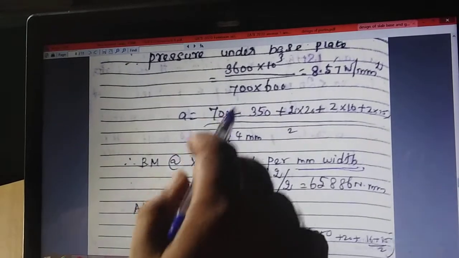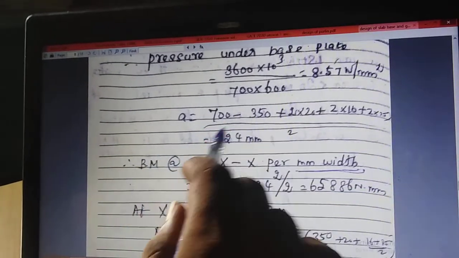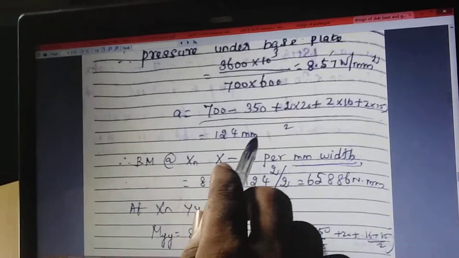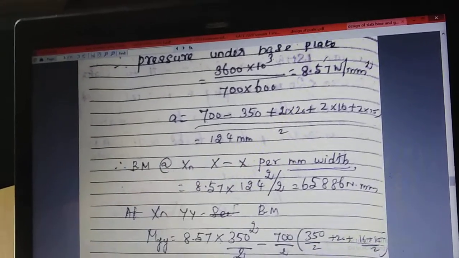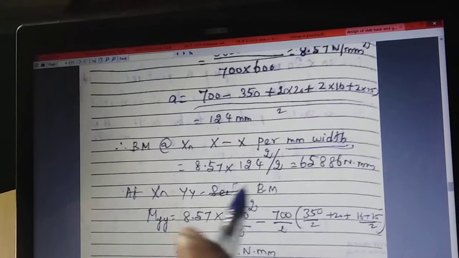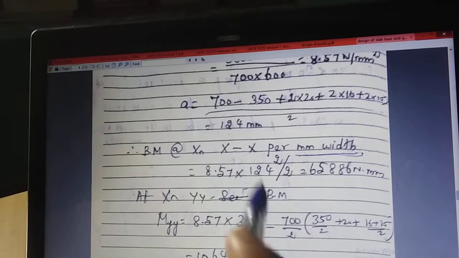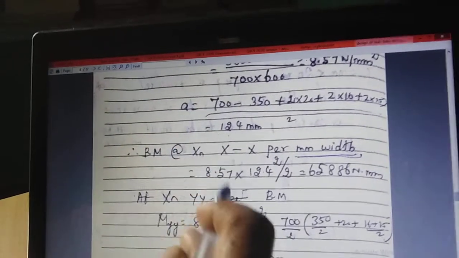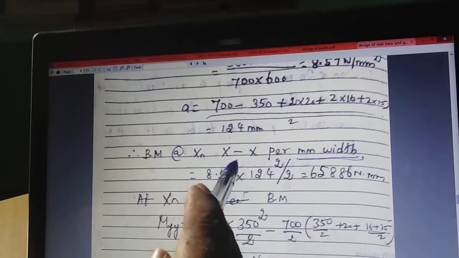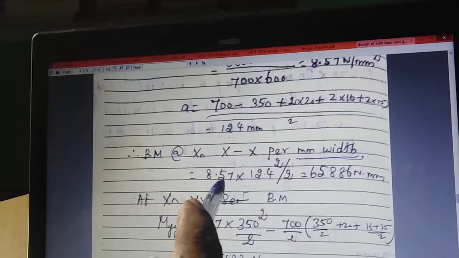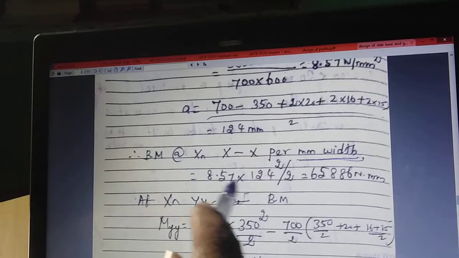Next, the projection. I already explained the projection in the previous problem. There, for slab base, it is 124 mm. In case of slab base, the thickness of base plate is calculated using one formula, but in case of gusseted base, thickness of base plate is calculated from the critical section, that is the section carrying maximum bending moment.